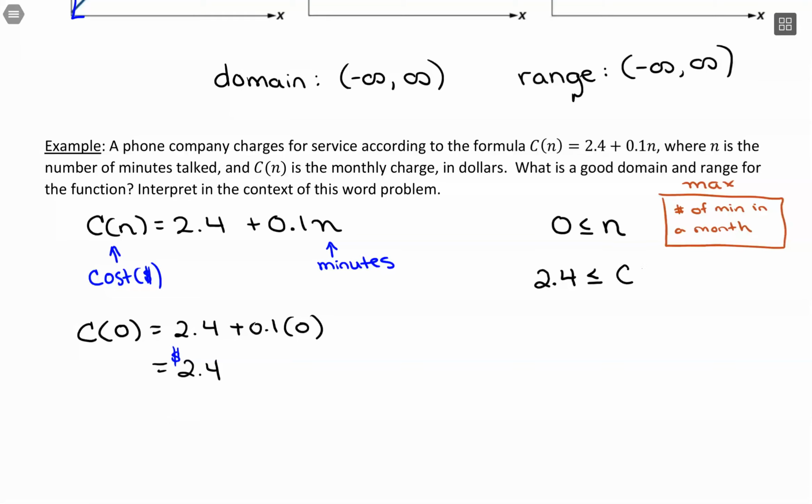So it's kind of like there's this base charge for having the phone each month, and then it increases based on minutes.